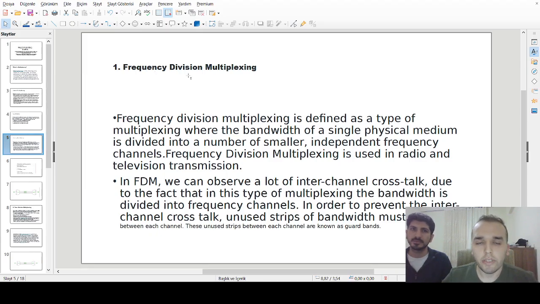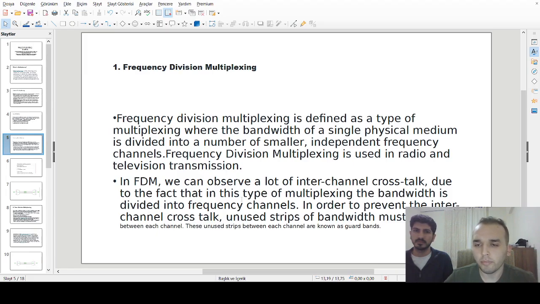Frequency division multiplexing. Frequency division multiplexing is defined as a type of multiplexing where the bandwidth of a single physical medium is divided into a number of smaller, independent frequency channels. Frequency division multiplexing is used in radio and television transmission. In FDM, we can observe a lot of inter-channel crosstalk due to the fact that in this type of multiplexing, the bandwidth is divided into frequency channels.